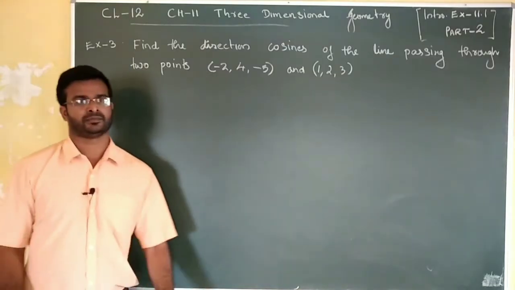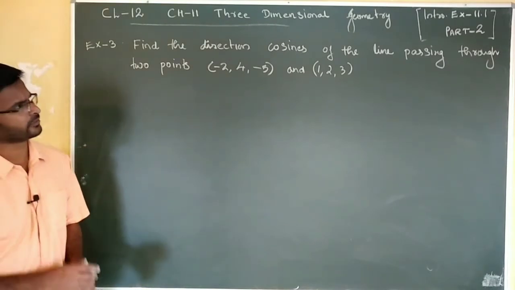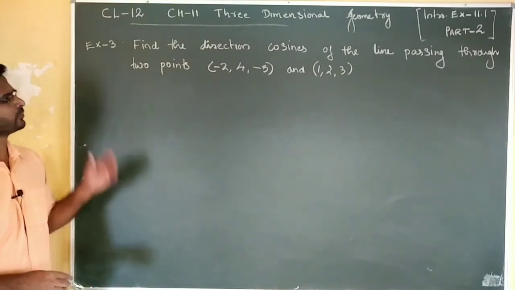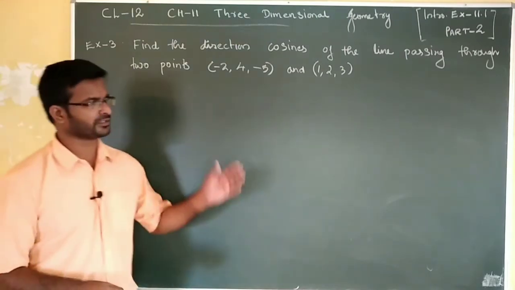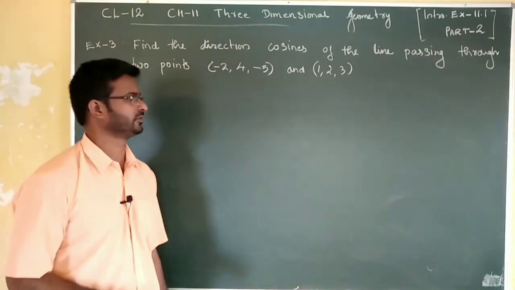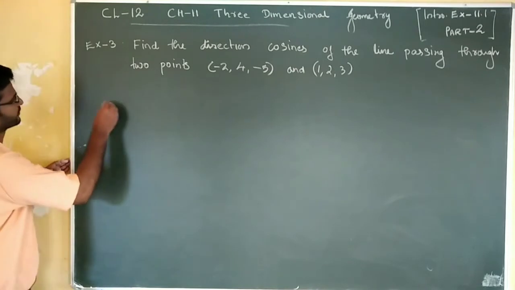Example number 3. Find the direction cosines of the line passing through 2 points. Two points are given here, we have to find the direction cosines.